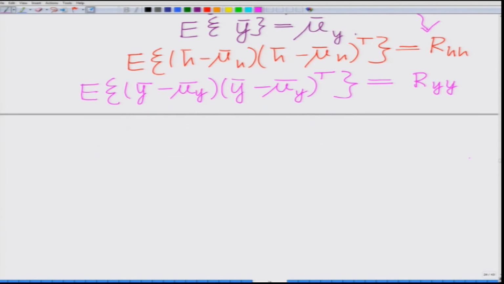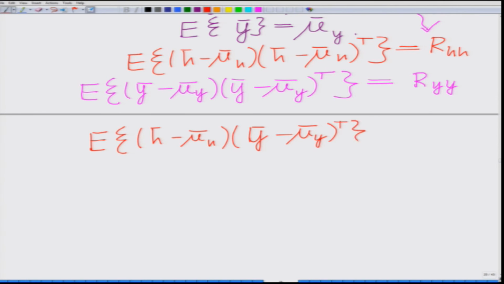Now, the cross covariance of h bar comma y bar can be defined as the expected value of (h bar minus mu bar h) times (y bar minus mu bar y) transpose. This is equal to R_hy. So, that is what we have.